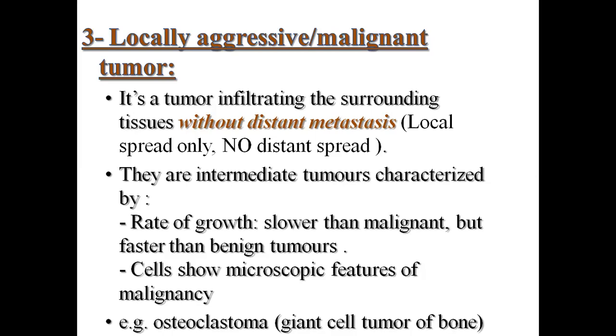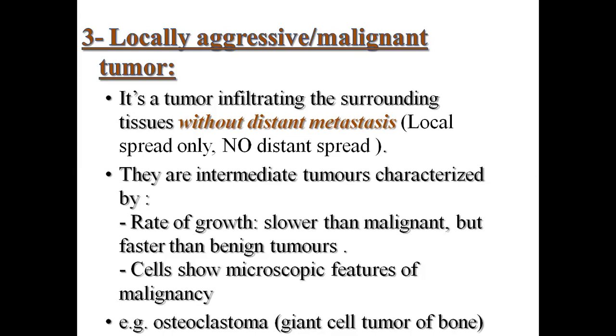However, they are more rapid in rate of growth than benign tumors. Okay? And there is an example here we will discuss in a later lecture in detail, which arises from bone. It is called giant cell tumor of bone.